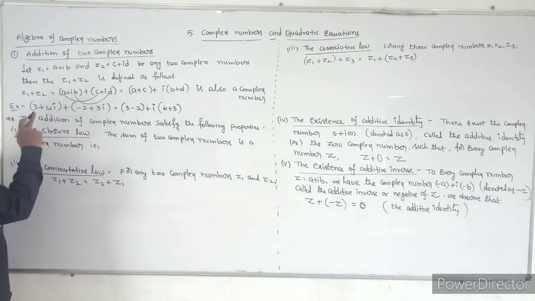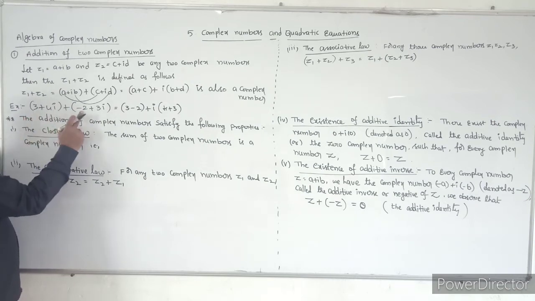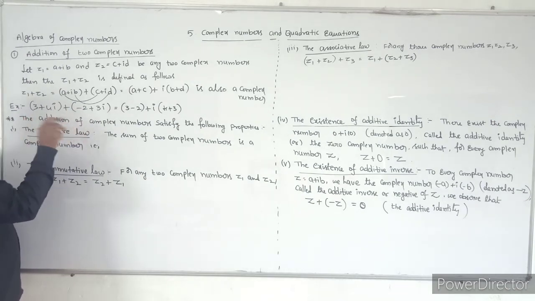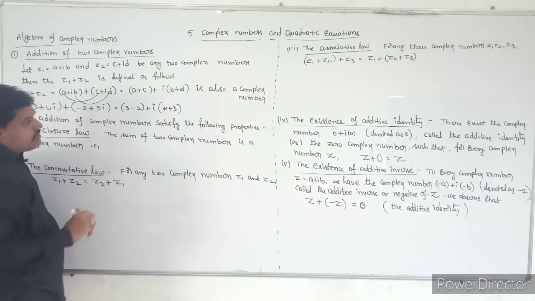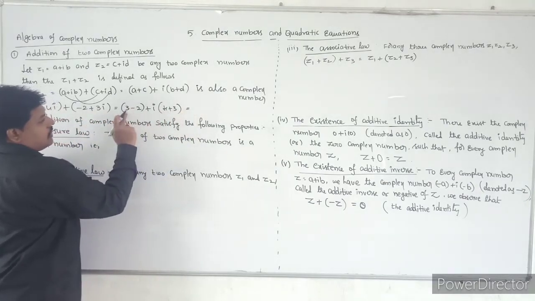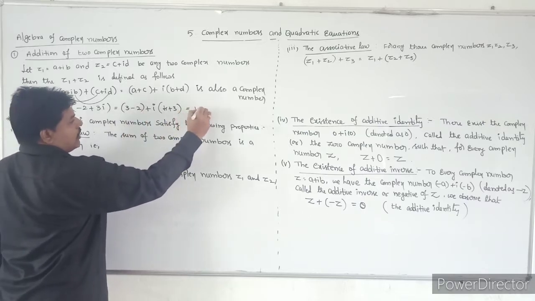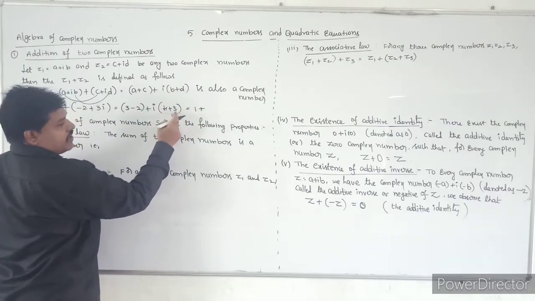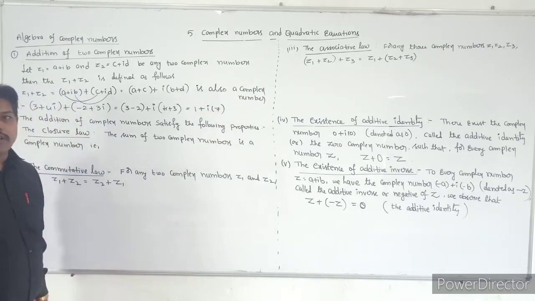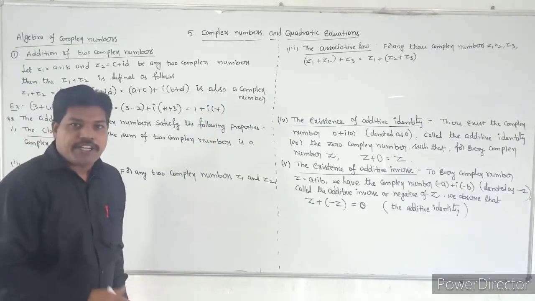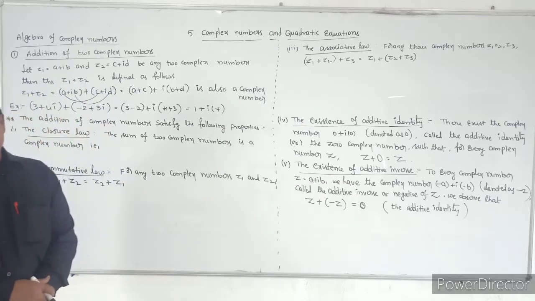So 3 minus 2 is 1, plus i into 4 plus 3, which is 7. So it is also in the form of a plus ib. It is also a complex number.